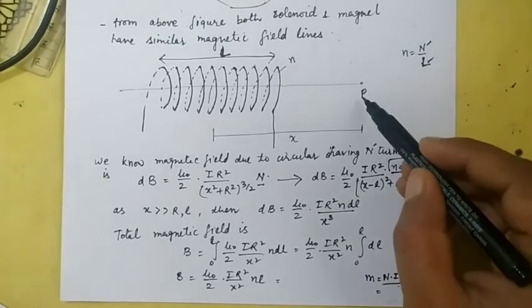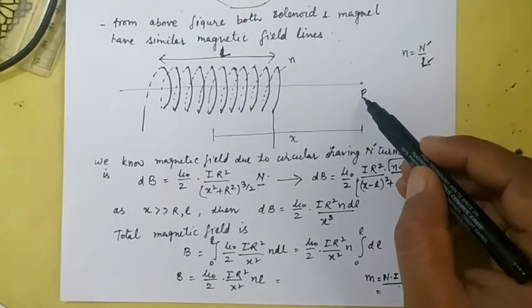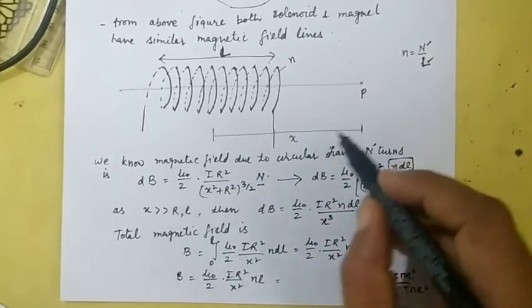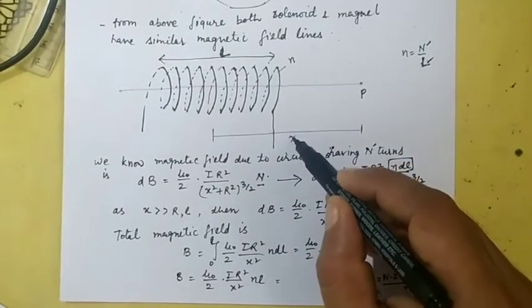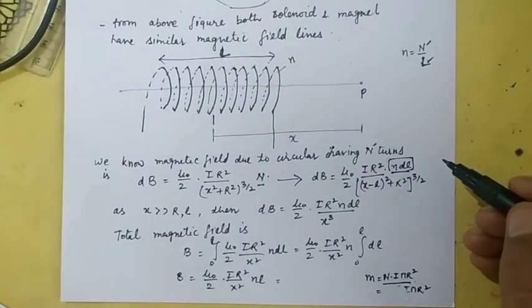Now let P be the point where we want to calculate the magnetic field because of this solenoid, at a distance of x from the center of the solenoid.